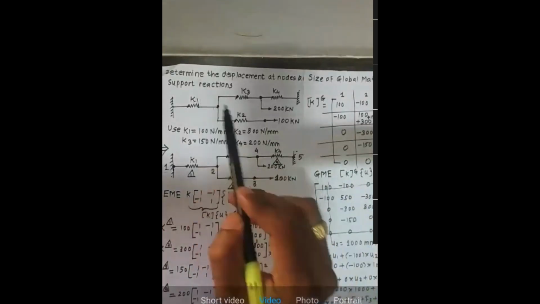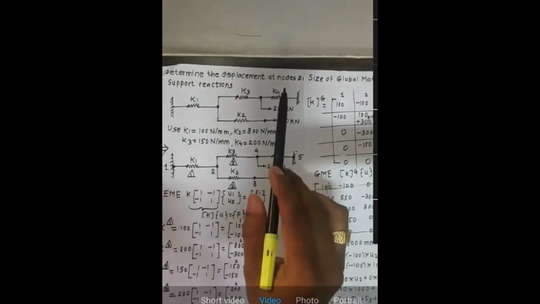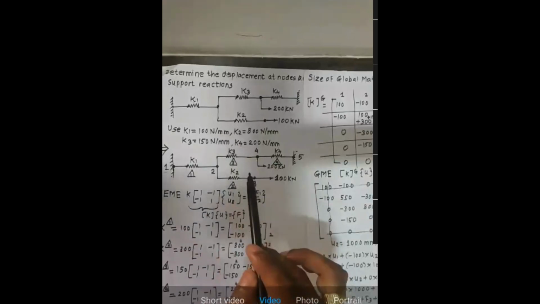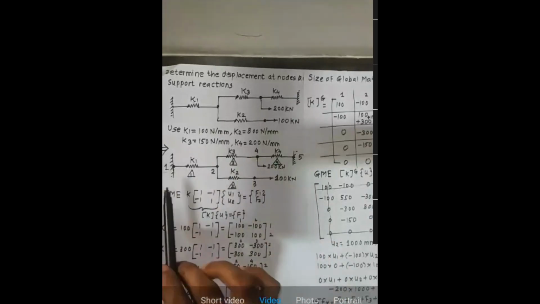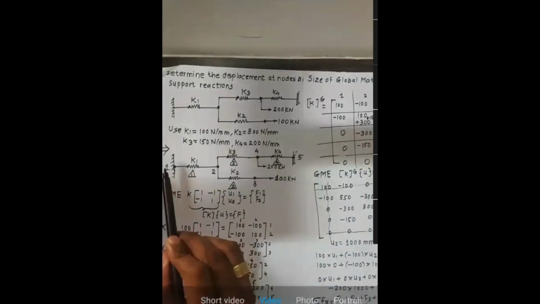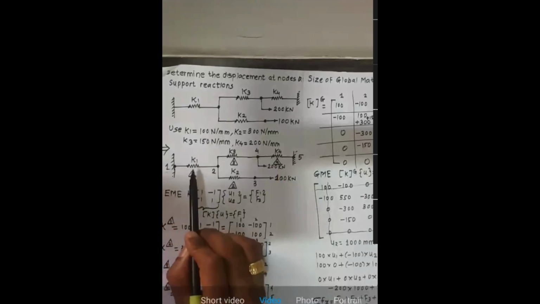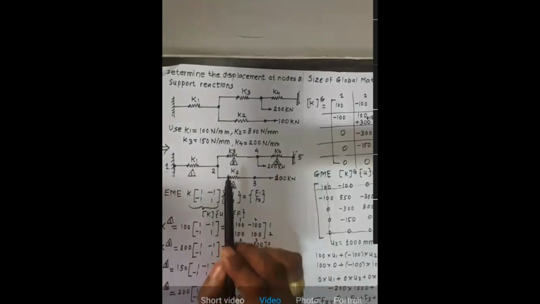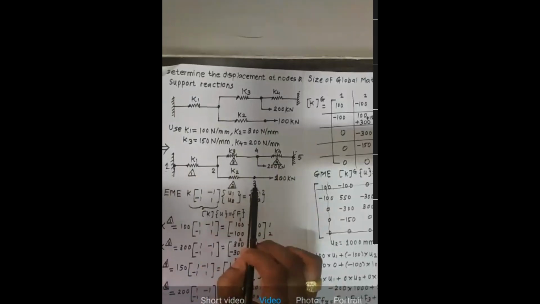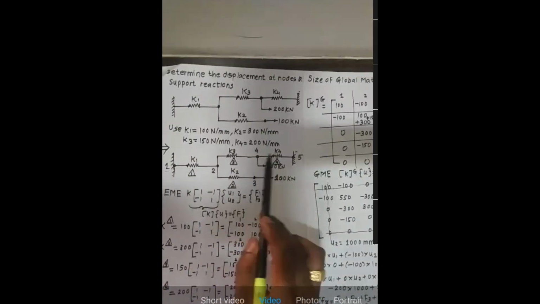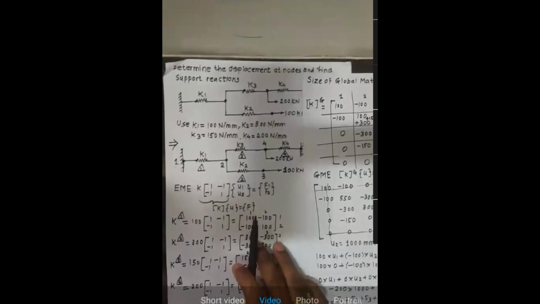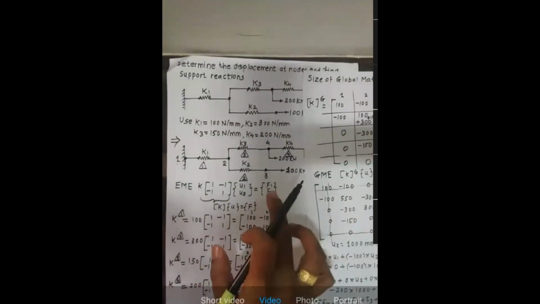So we already know the elements, we just need to assign the nodes, going from left towards right. Node 1 connects element number 1 to the fixed support. Then node 2, node 3, node 4, and node 5.